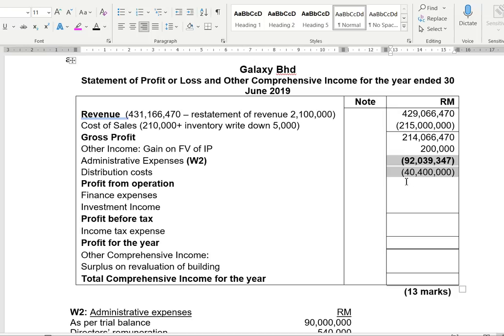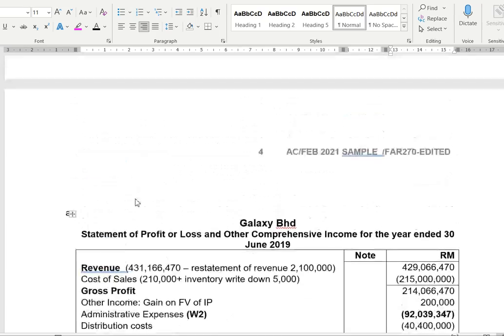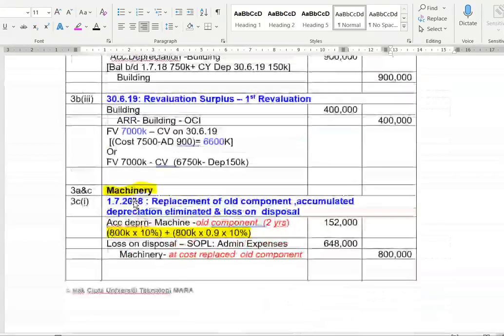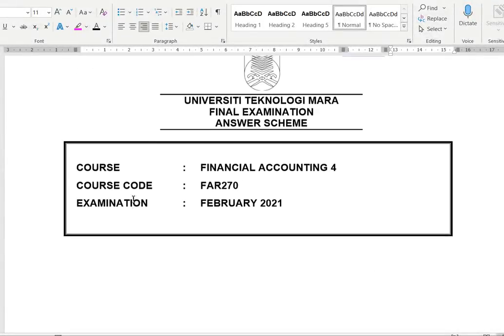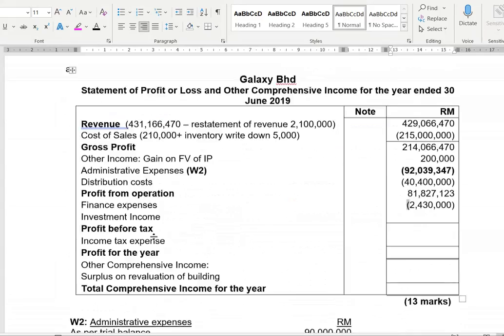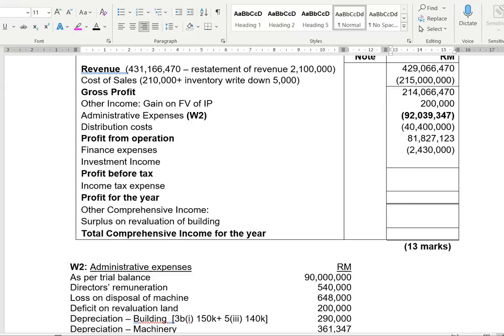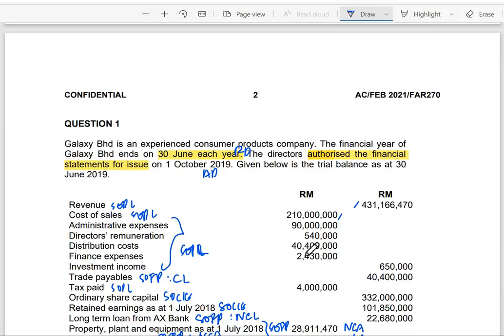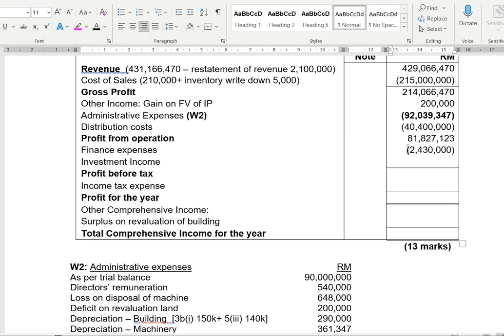Now we can proceed with finding our operating profits, and then our finance expenses, which are also called finance costs, like the debenture interest. If you check your finance costs, that was given in the trial balance, 2430.